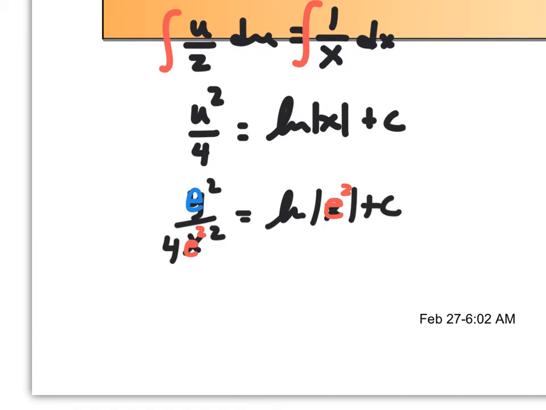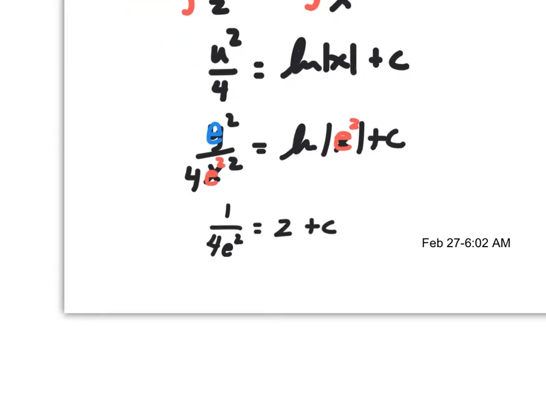Therefore, I get e squared over 4e to the 4th. So that'd be 1 over 4e squared is equal to, well, the natural log of e squared is 2. So it looks like c will equal 1 over 4e squared minus 2.